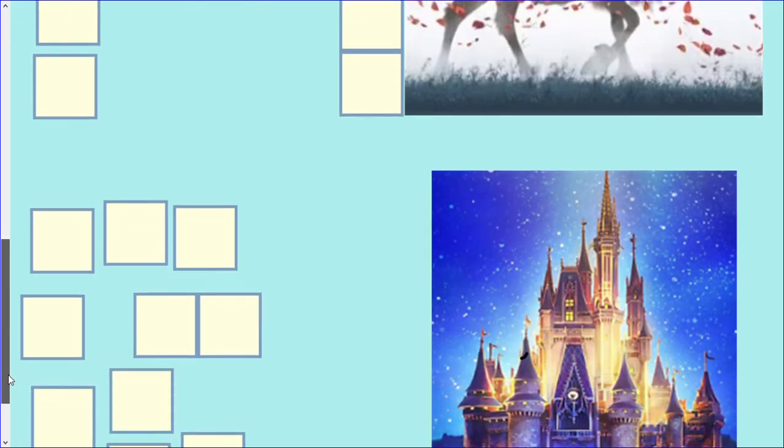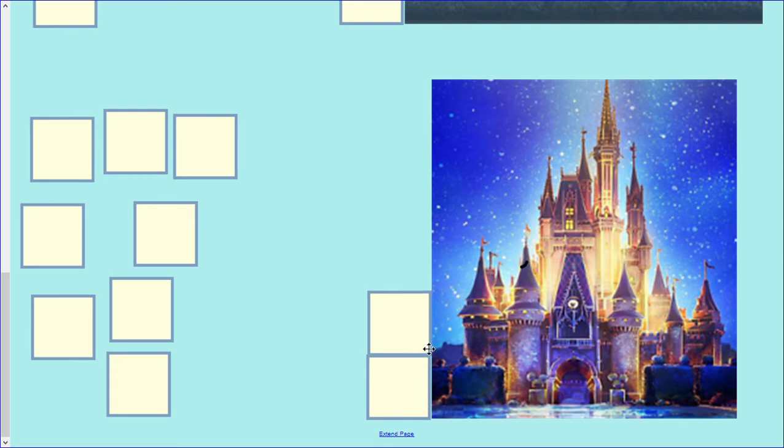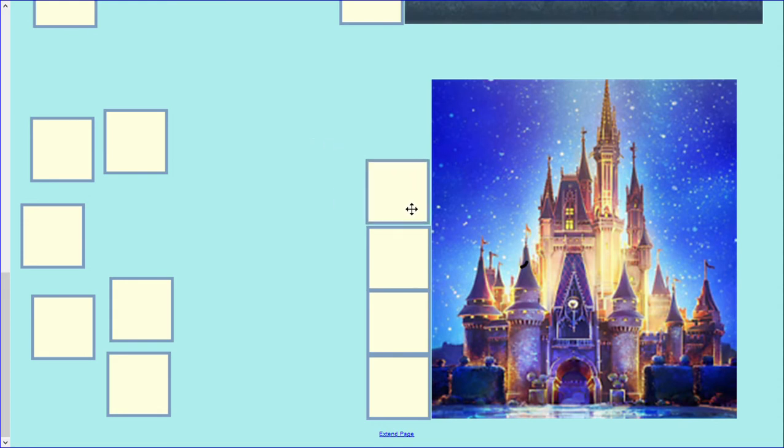Okay, let's see what else is underneath Olaf and Sven? It's Arendelle. Let's see how tall these towers are. 1, measure off at the bottom. 2, 3, 4, 5.